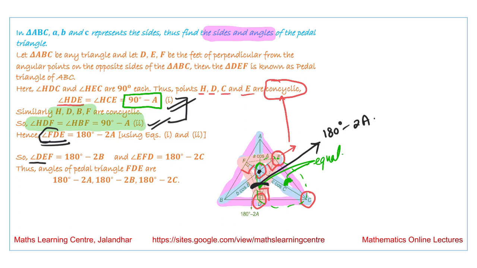Similarly, angle DEF is equal to 180 minus 2B and angle EFD is equal to 180 minus 2C. These are the required three angles of the pedal triangle.